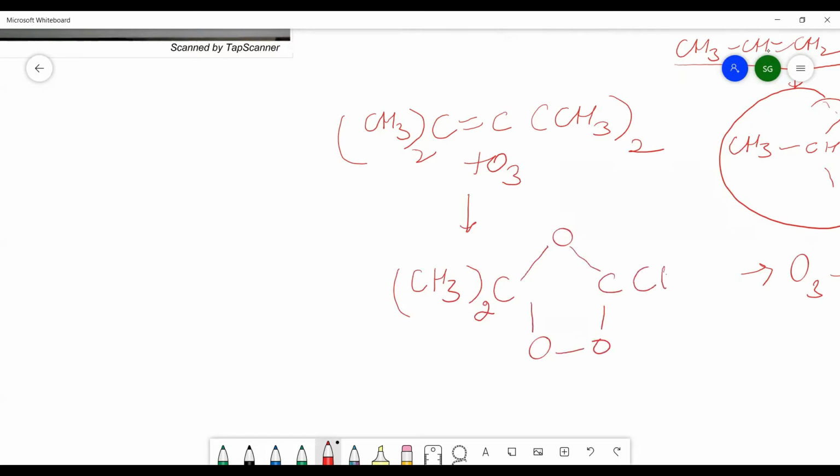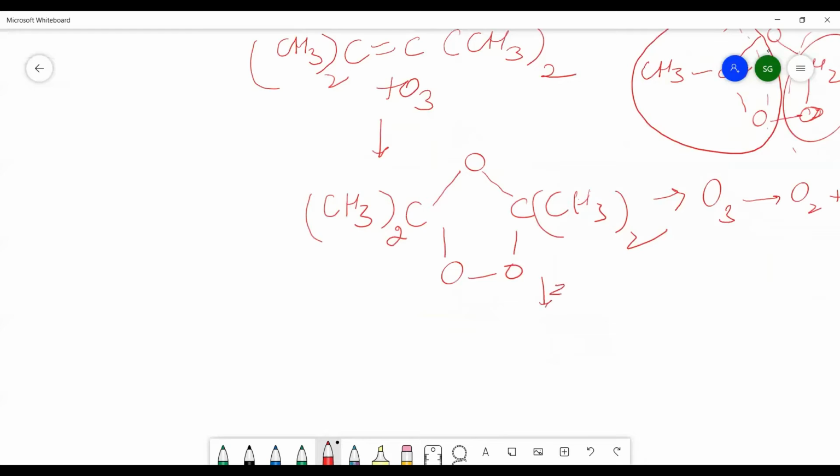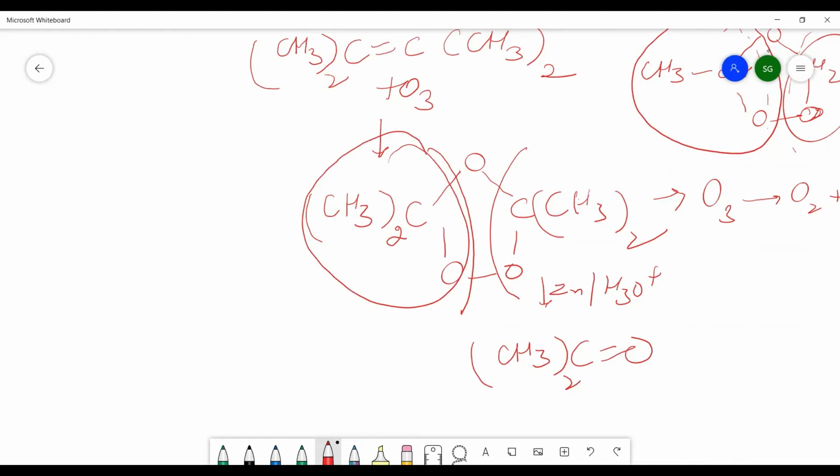Cyclic compound is there, and after the reaction with zinc and H3O positive, इस तरीके से breakage हो जाएगा, and you will get CH3 whole twice C double bond O. ये section बन गया. उसके बाद ये section बन जाएगा CH3 whole twice C double bond O.